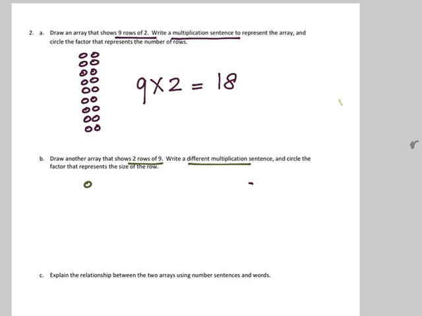2 rows of 9. How to draw 2 rows of 9? Let us draw 1 row of 9. 1, 2, 3, 4, 5, 6, 7, 8, 9.